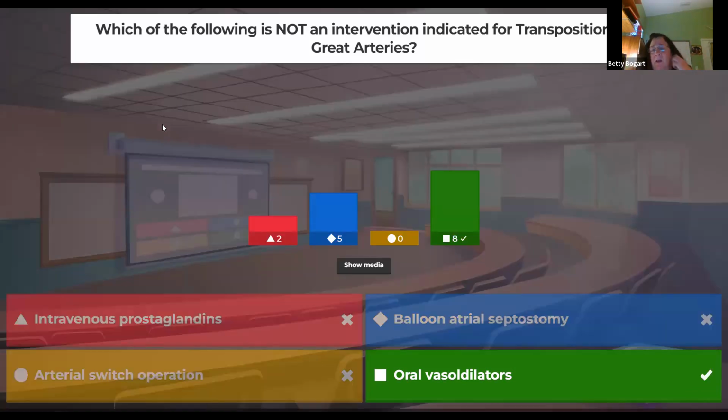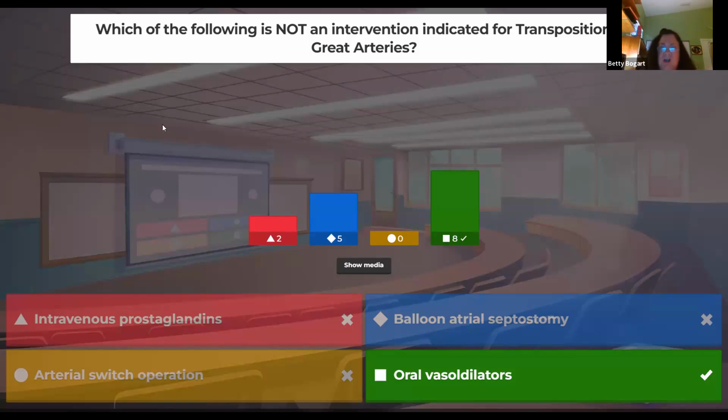And the balloon atrial septostomy, sometimes only that PDA is just not quite enough blood. And you do have that patent foramen ovale between the right atrium and left atrium, right? At the bedside, they go up in there with a catheter, put a balloon between the right atrium and left atrium. They balloon it up and they pull it.